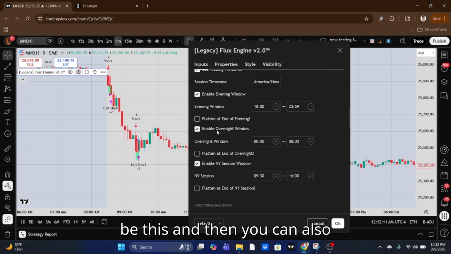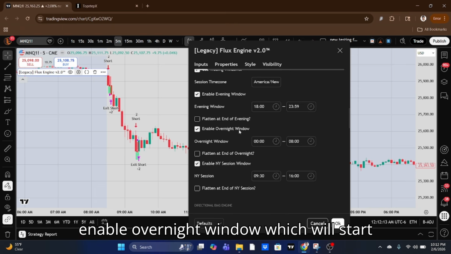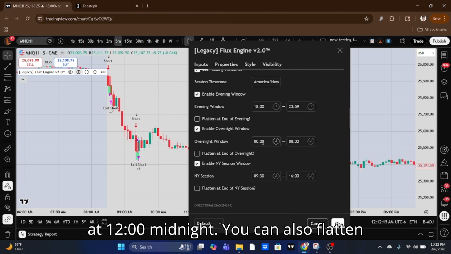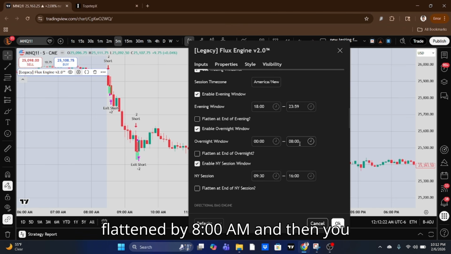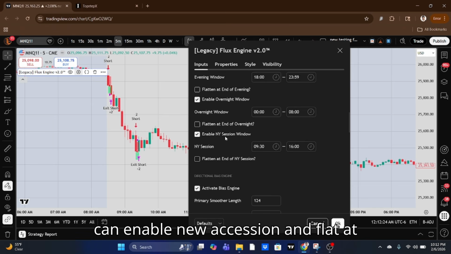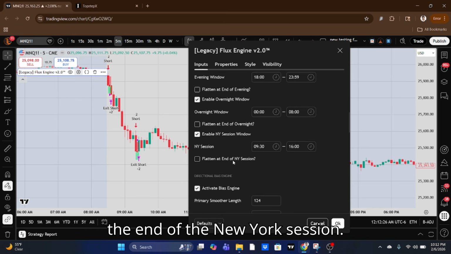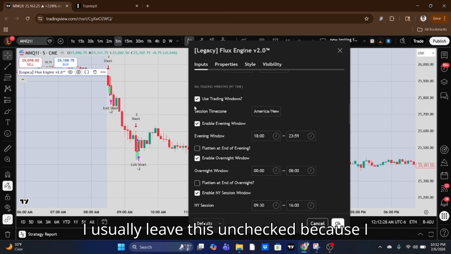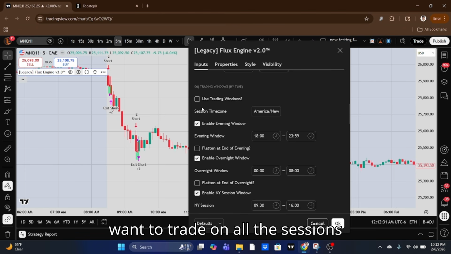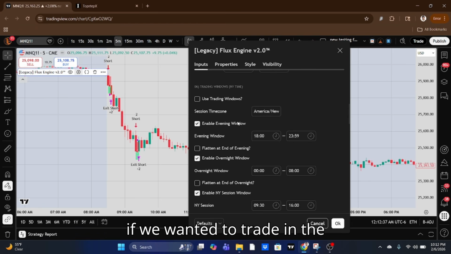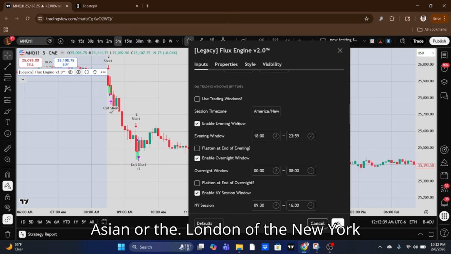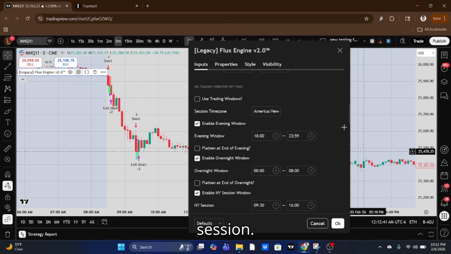And then you can also enable overnight window, which will start at 12 o'clock midnight. You can also flatten at the end of overnight, which will flatten by 8 a.m. And then you can enable New York session and flatten at the end of the New York session. I usually leave this unchecked because I want to trade all the sessions continuously. But you can play with it if you want to trade in the Asian or the London or the New York session.